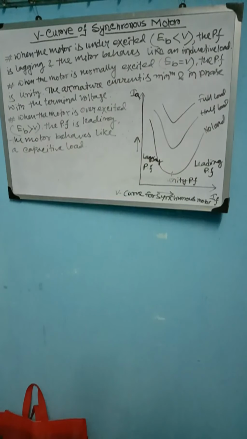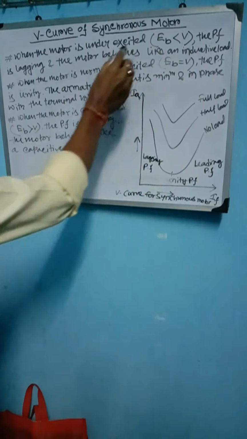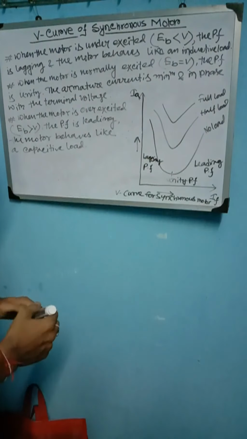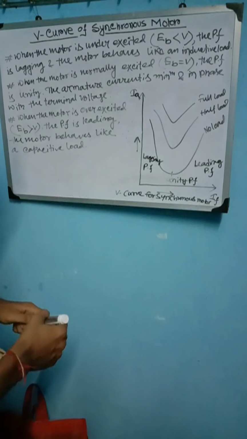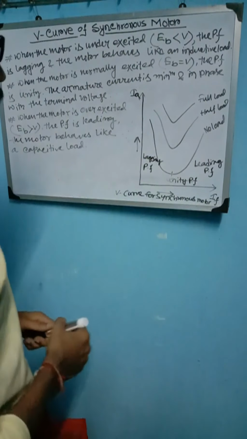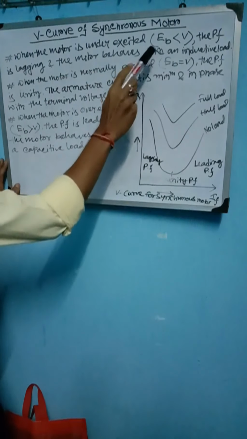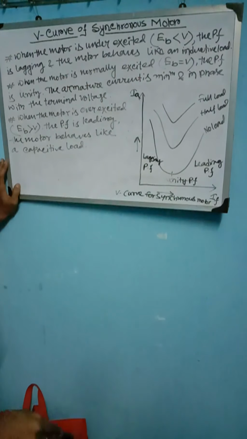From the graph we can also see that when the motor is under excited, that means the back EMF EB is less than V, the terminal voltage, the power factor is lagging and the motor behaves like an inductive load.